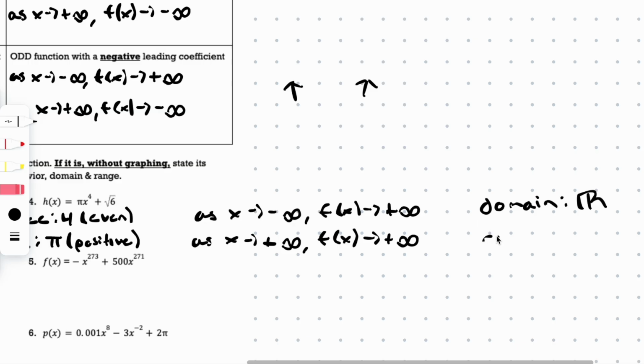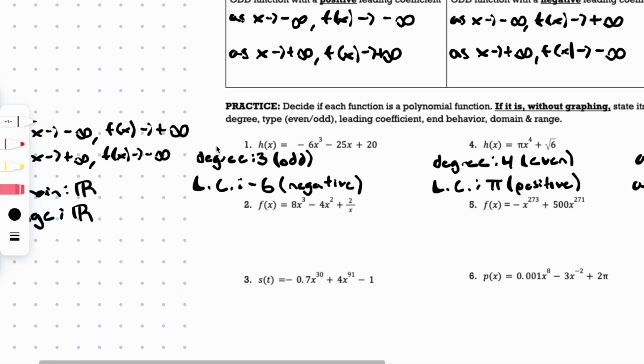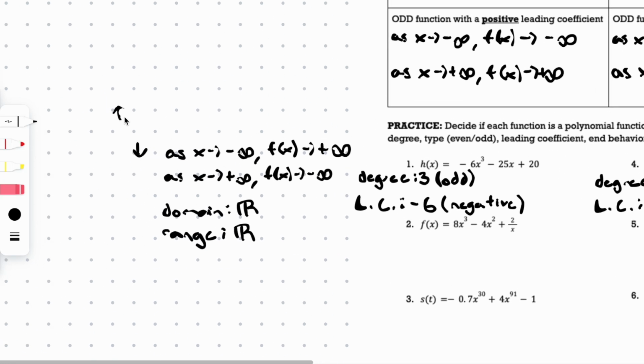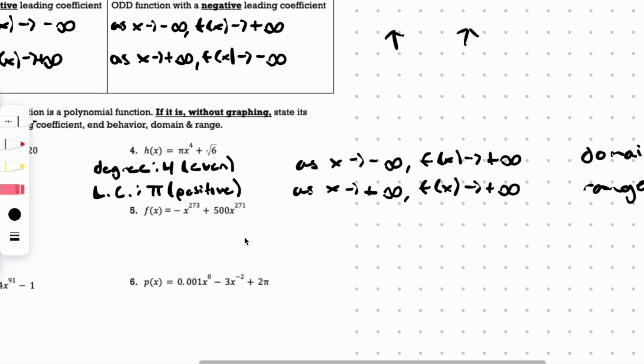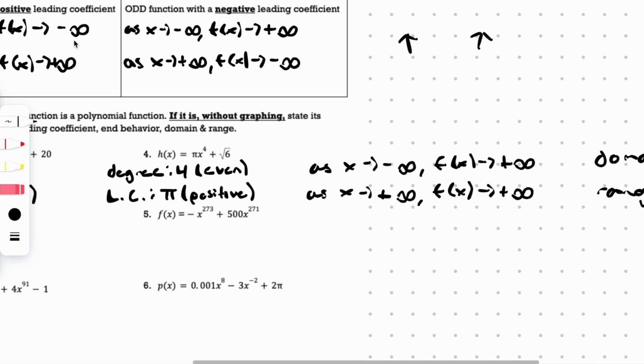And our range, well, as I was saying before, our end behavior goes in the same direction. So it's not like over here in example 1, where it goes from positive infinity to negative infinity. So our range is not all real numbers. We're going to have to find where does this function turn around, okay?